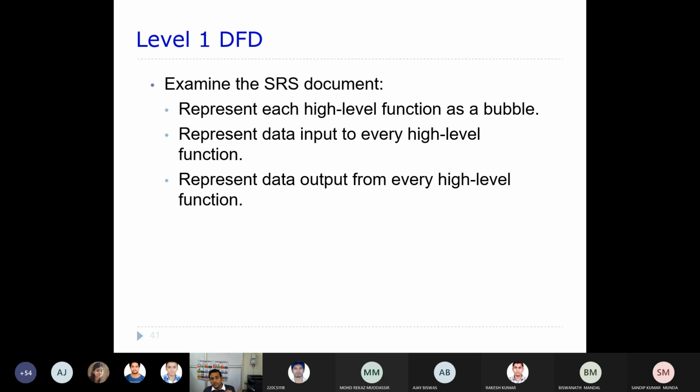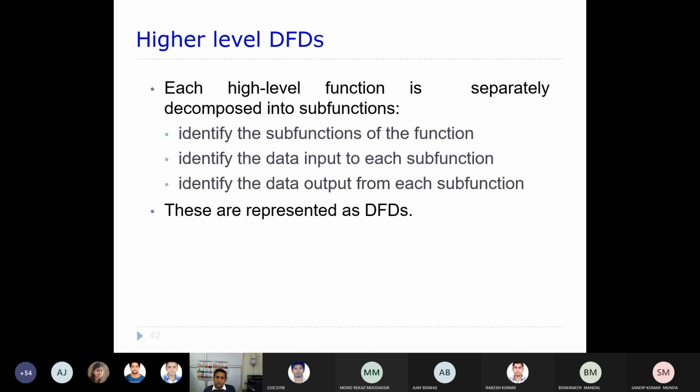From now onwards, we go into the SRS document and see what different high level functionalities we identified, what input data is required for those high level functions, and what data is going to come out of these high level functions as output. Those things will be studied first. That is what we try to do as part of higher level DFDs.